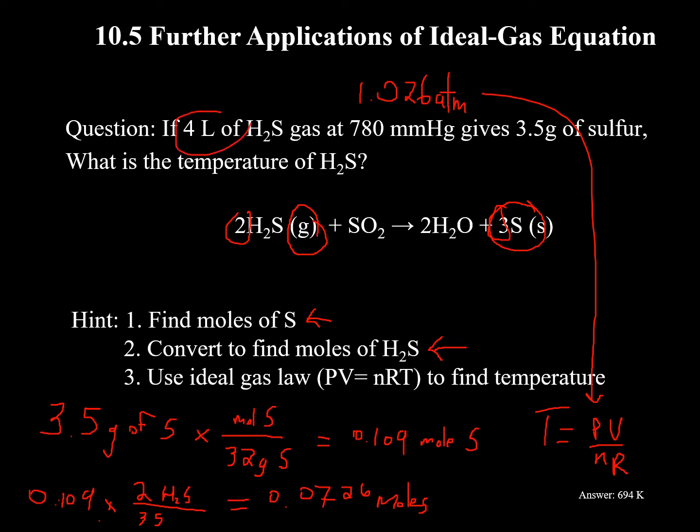We know the volume, 4 liters. We know the moles, we just found it here. And we know R, 0.0821. And we get 694 Kelvin. I think when we try, you get close to maybe 688, but that's close enough. 688, 690, 694 is fine for this problem.